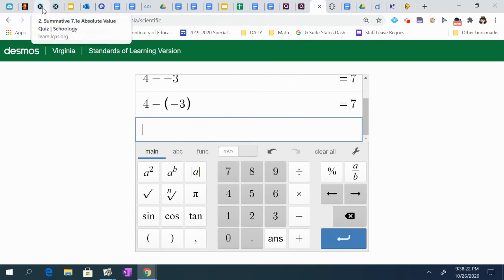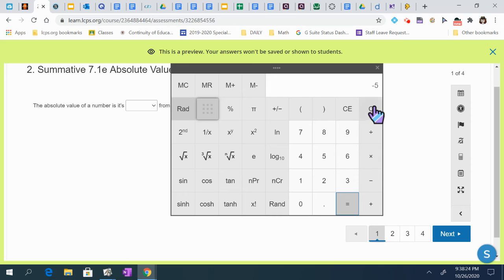If I go over here, this is the calculator that's in Schoology. 4 minus -3 doesn't work. See, it gives me 1 because it won't let me do 2 negatives. So I have to use the parentheses.